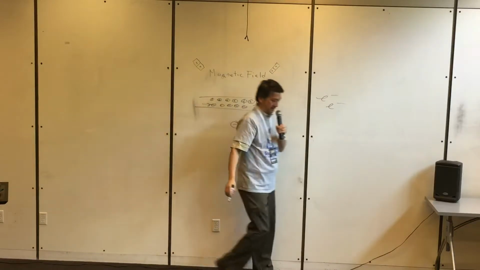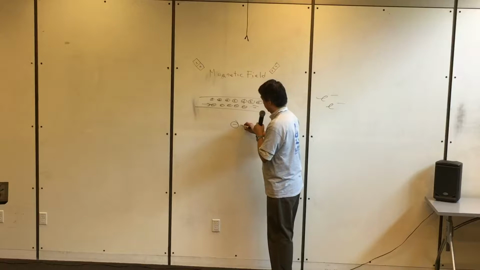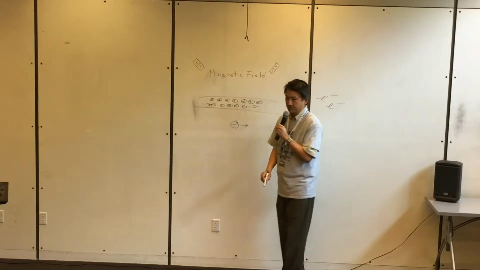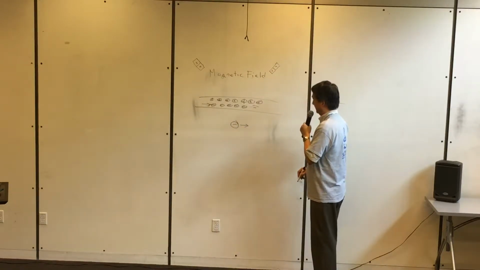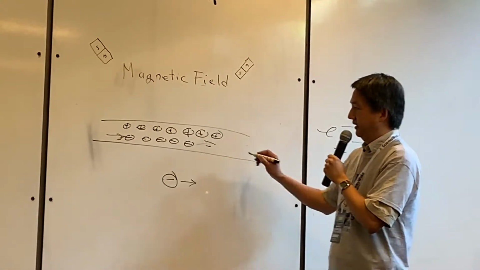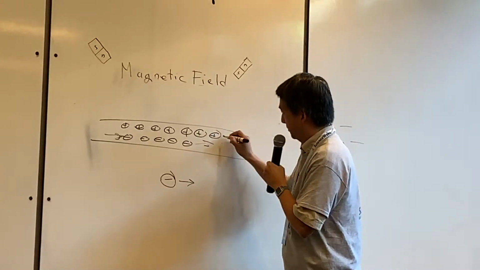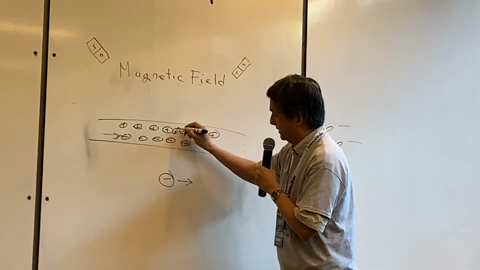But what they say is that if you start this charge moving, then you get a shrinking effect where the positive charges actually appear to be more closely spaced.